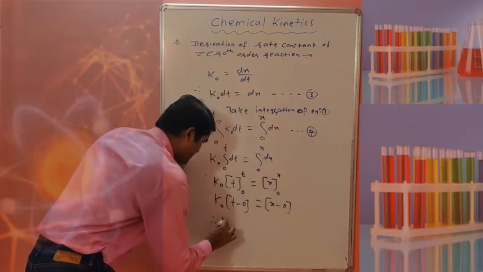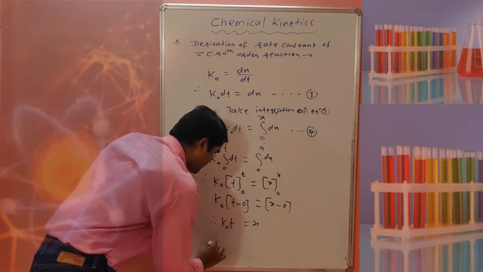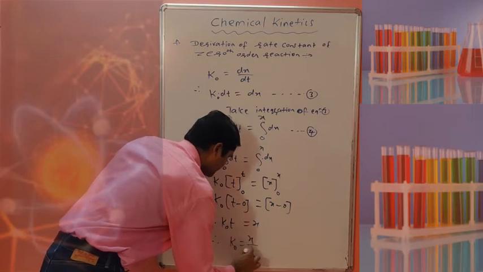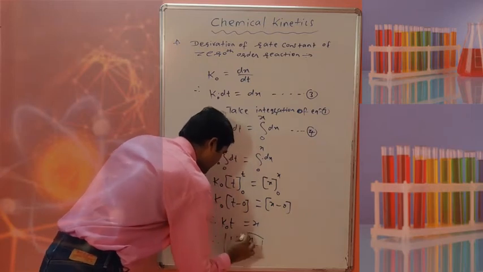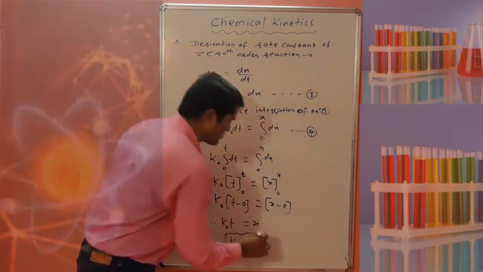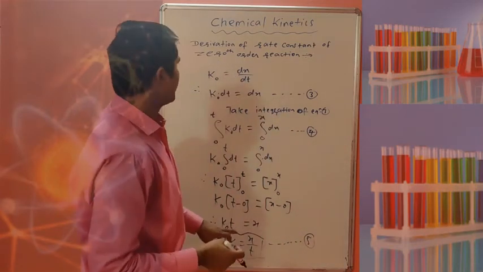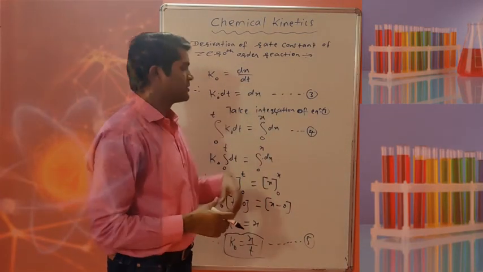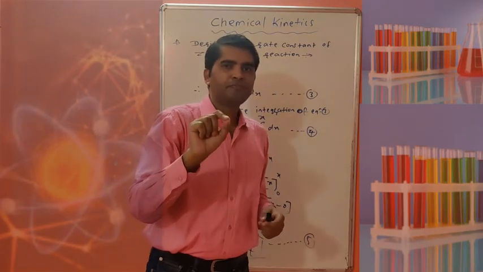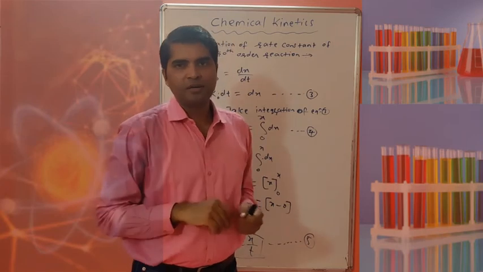Therefore we are getting K0 t is equal to x, and therefore K0 is equal to x upon t. So this way you are getting this equation, and this is an important equation. This is the final equation of the derivation. Equation 5 is the equation of rate constant of zero order reaction.